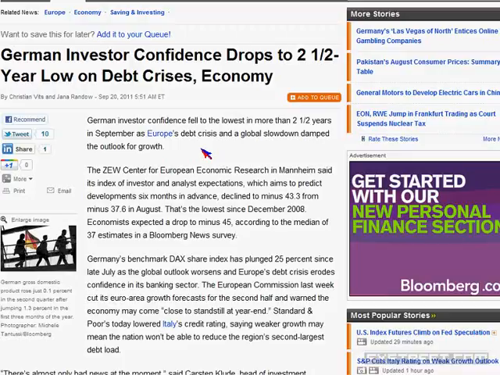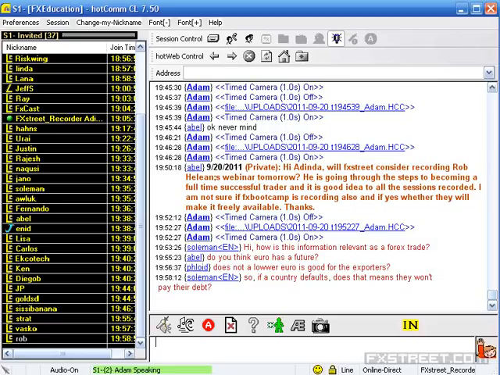Question is, do you think the euro has a future? It's a great question. I think so. I think there's a possibility the euro of the future may not necessarily resemble the euro that we know now. I really don't know.